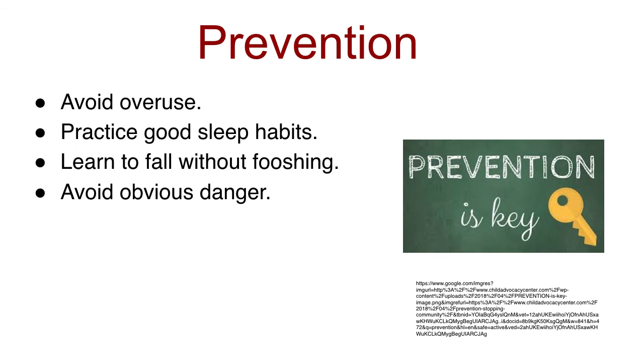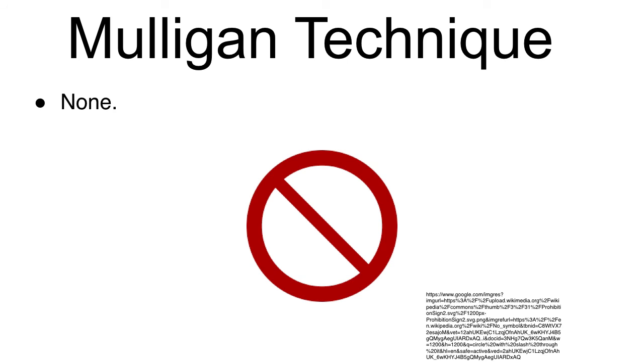And as far as anterior compartment, there's no way to prevent it. Like I said, it's very traumatic, so it's really just luck of the draw. Obviously, no Mulligan technique, and obviously no nerve glides due to the seriousness of both of these. There's no good way to treat besides managing pain and eventually surgery if you can't manage that pain well enough.